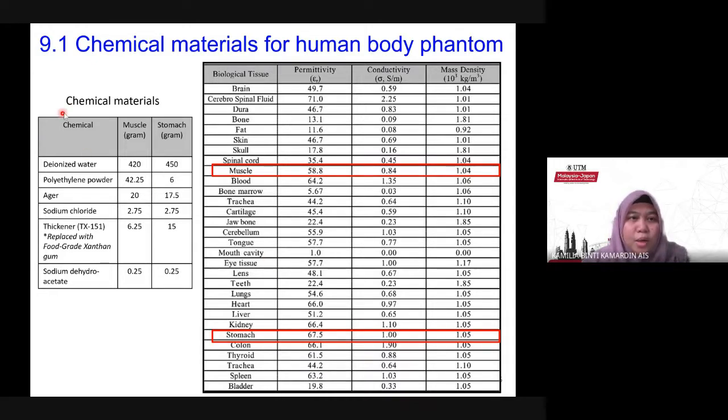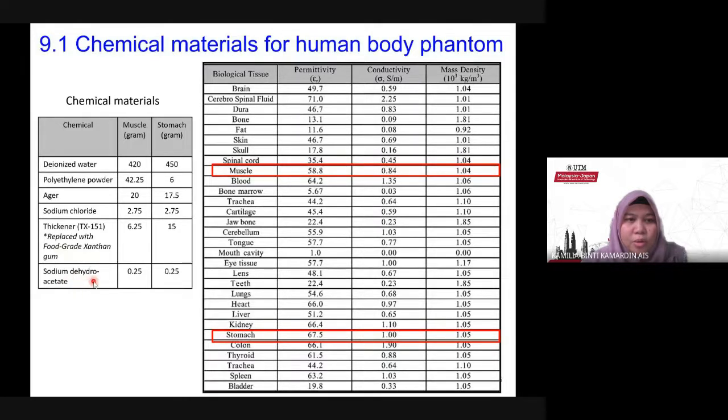Okay, so the materials that we use to realize this muscle and stomach phantom are deionized water, polyethylene powder, agar, sodium chloride, thickener TX151, or we can also use food grade xanthan gum, as well as sodium dihydroacetate.